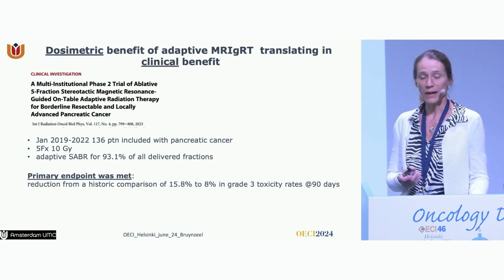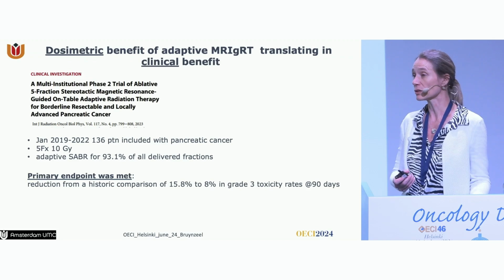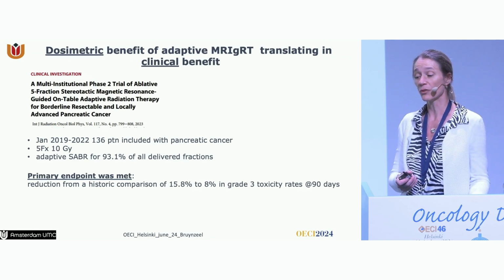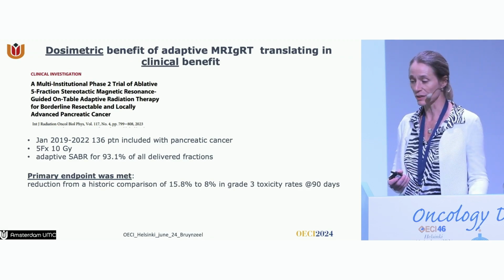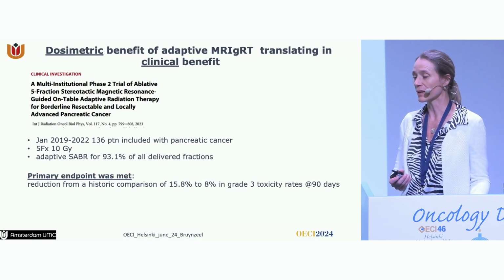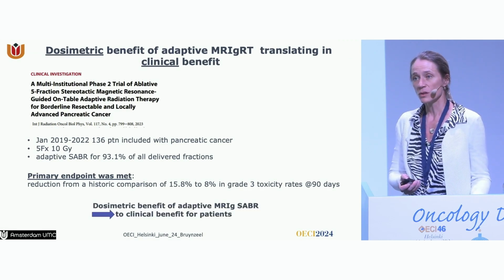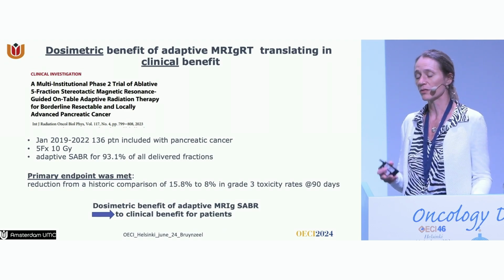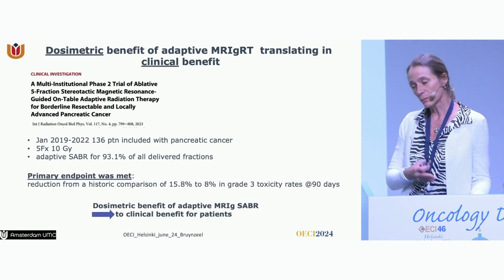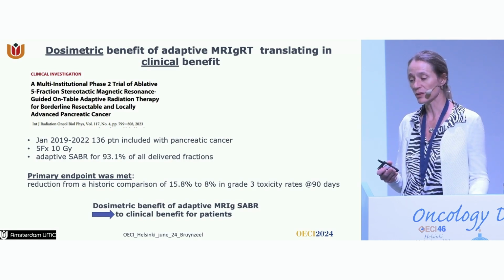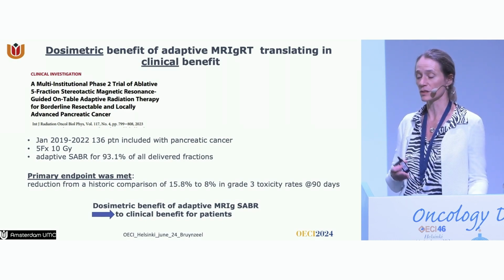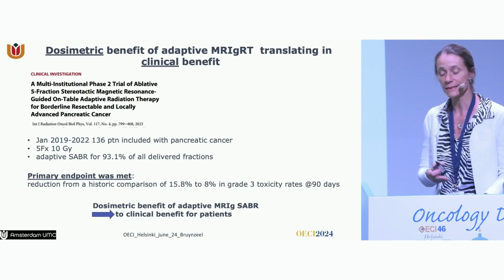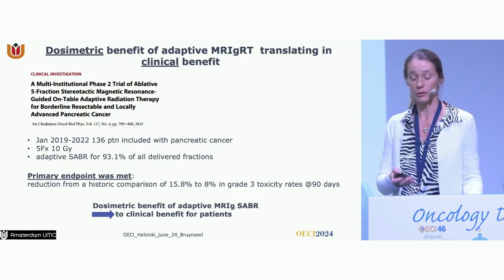The primary endpoint was met, and there was a reduction from historic comparison of 15.8% to 8% in grade 3 toxicity rates at 90 days. So this trial, together with more retrospective and prospective trials, demonstrates that a dosimetric benefit of adaptive MR-guided SABR can be translated into a clinical benefit for patients.